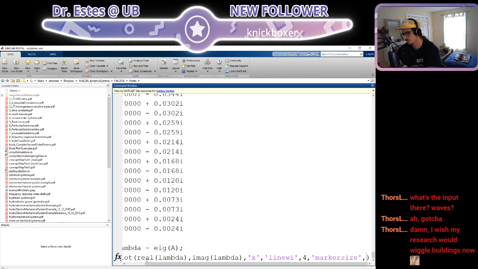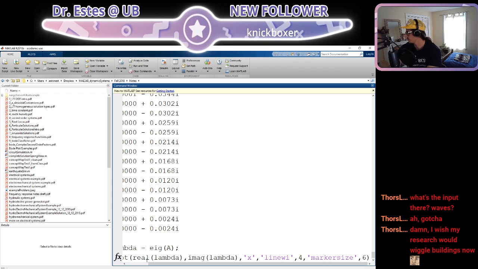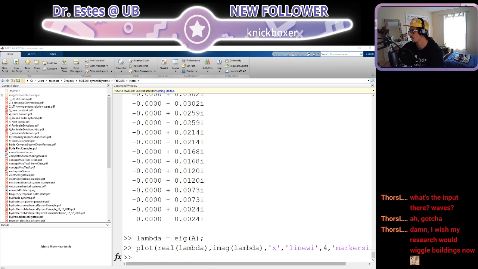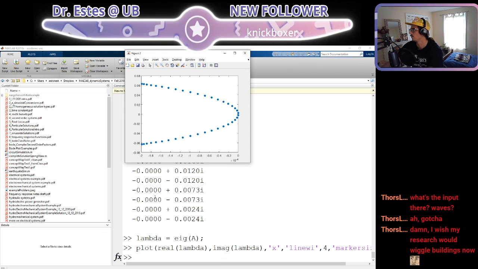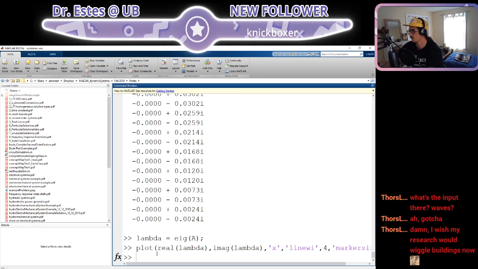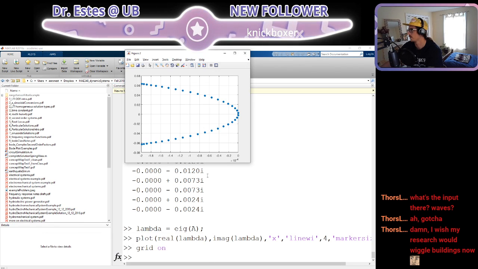Marker size 6 maybe. These are the roots.